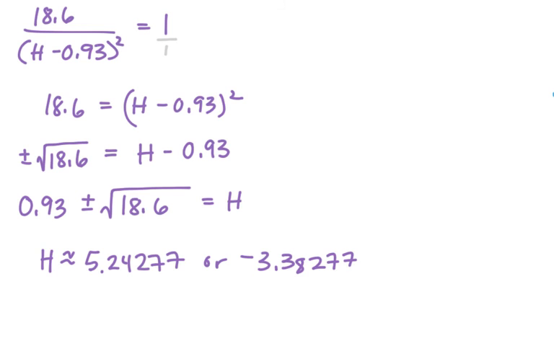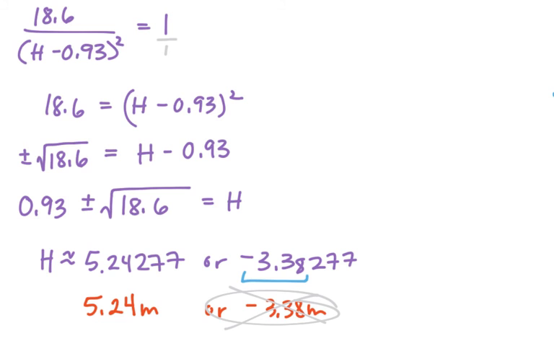Now, let me ask you, can we have a negative h value? What does h represent? h represents the height in meters. So this represents 5.24 meters, rounding to the nearest hundredth, or negative 3.38 meters. Do we have a negative height? The answer is no. That's an extraneous solution in this real world problem.